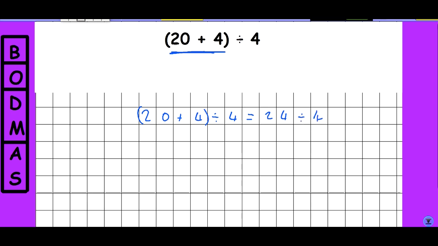What you'll notice I'm doing is I'm basically writing it out again and again with one thing solved at a time. In this case, I solve the brackets, I write out the whole thing again, but with the brackets part solved. Now I write it out again with the division part solved. 24 divided by 4, well, that's 6. And we have our answer.